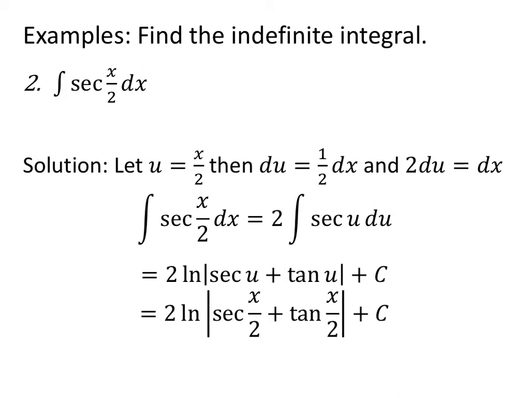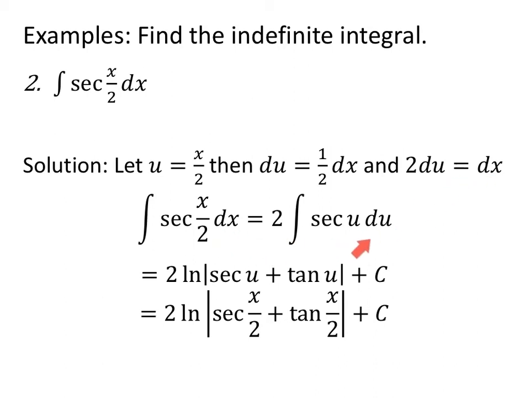If I want to find the integral of secant of x over 2 dx, I'm going to let u be x over 2. Remember, that's just 1/2 x. du is therefore 1/2 dx. Multiply both sides by 2. I get 2 du equals dx. Because my integral of secant of x over 2 dx can now be replaced by, still have my integral, still have my secant. X over 2 becomes a u. Dx is replaced by 2 du.